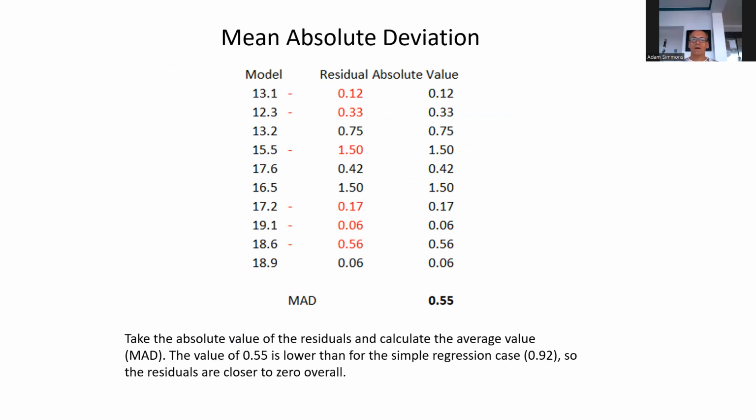So we have the residual. So it's the model minus the actual. We take the absolute value and we make sure that the value in the last column is positive, the absolute value. We sum up all the values and take the average. So the mean absolute deviation is 0.55, and this is for the 3-variable case.